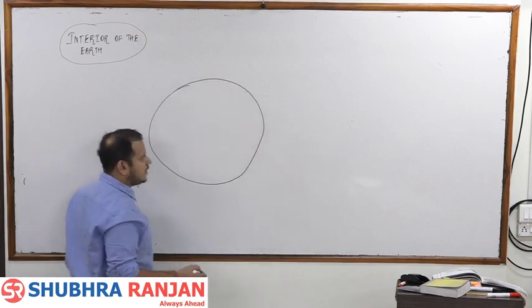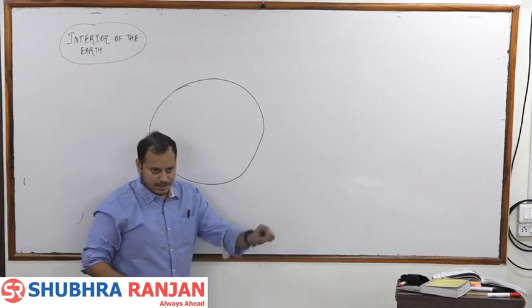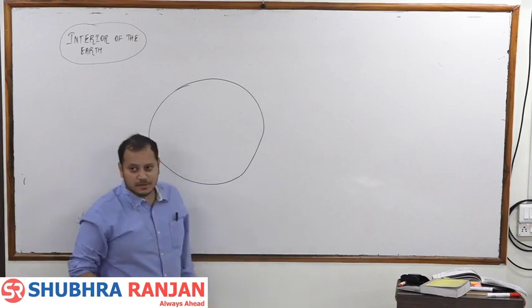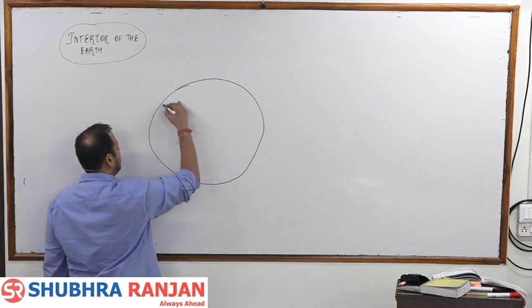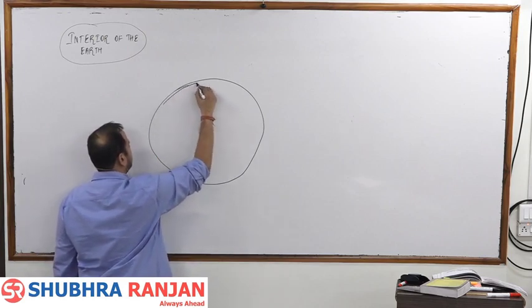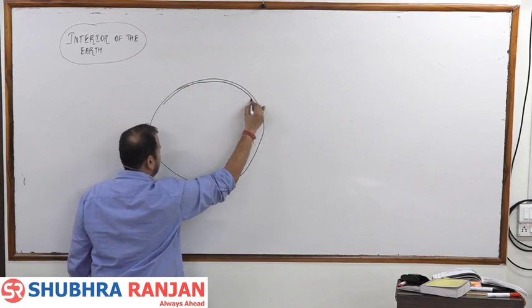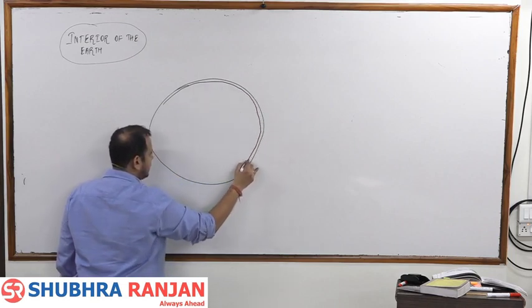Can I say the earth is divided into layers? The outermost layer of the interior is known as the crust. Is the crust very thick or very thin? The crust is very thin. No need of drawing this diagram. It is not of any use. This is for your understanding.